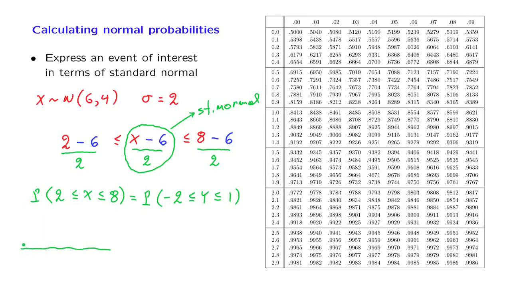And now we can use the standard normal tables to calculate this probability. We have here 1 and here we have minus 2, and we want to find the probability that our standard normal falls inside this range.